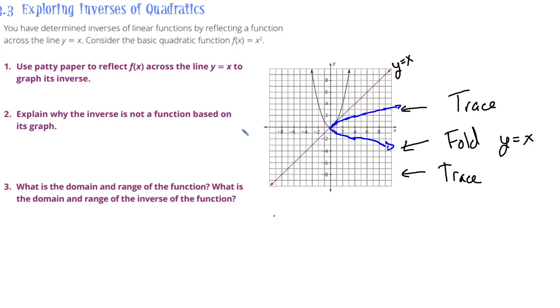So remember, when something is a function, the question number 2 asks us why is the inverse, which is what's in blue, not a function? And that's because it fails the vertical line test.